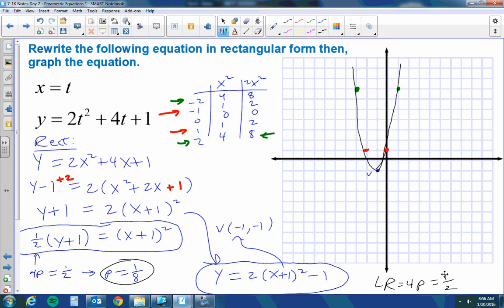Just imagine, like I said, the new way of doing it, when it's usable, is to go this far. You go 1/8 unit above the vertex, and then that's all the way across. So you go 1/4 unit either side, plot a point, 1/4 unit the other side, plot a point. That's not going to be, that's worthless. You're not going to get a good graph out of that.